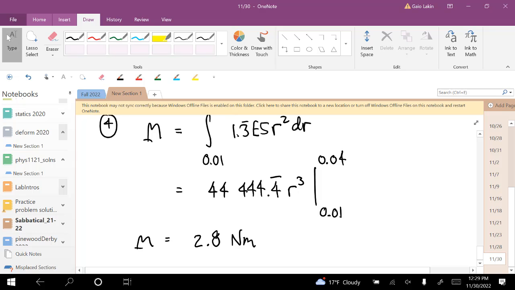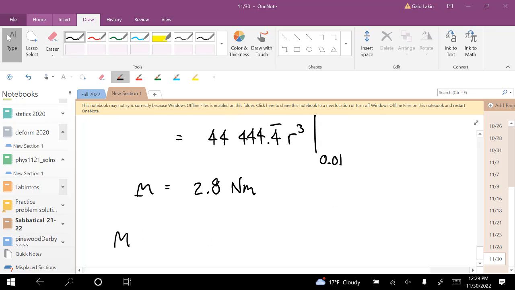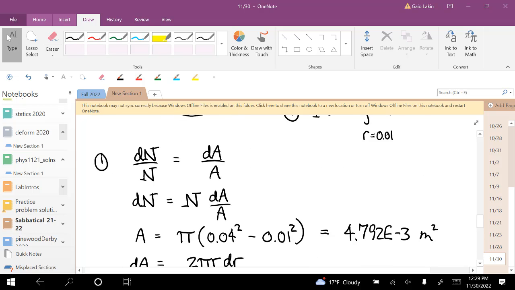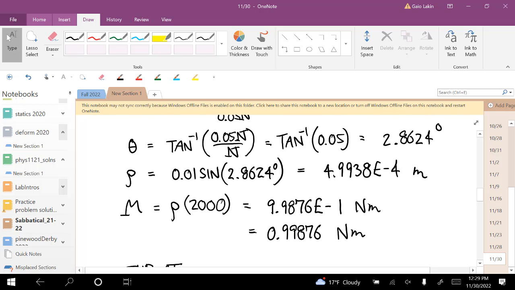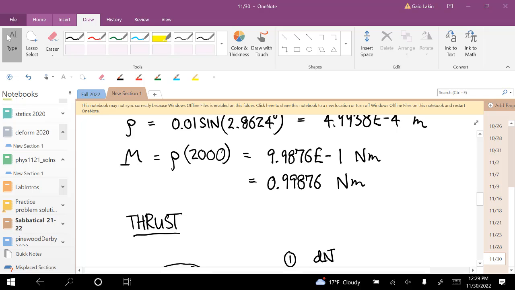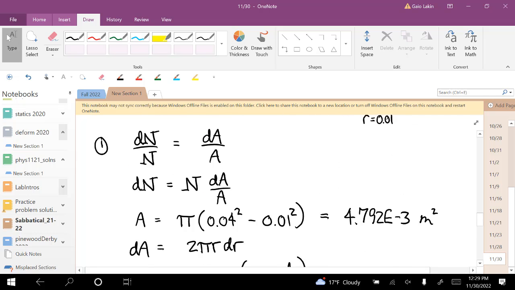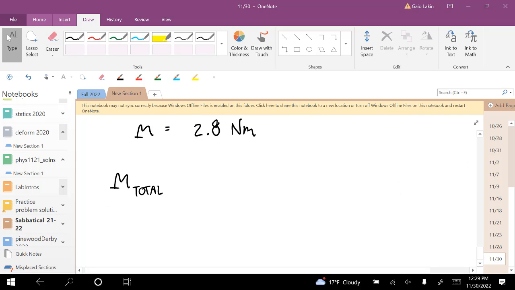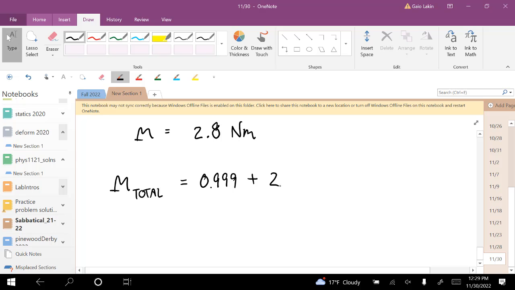So now we have the two parts, and the total couple is 0.999 plus 2.8.